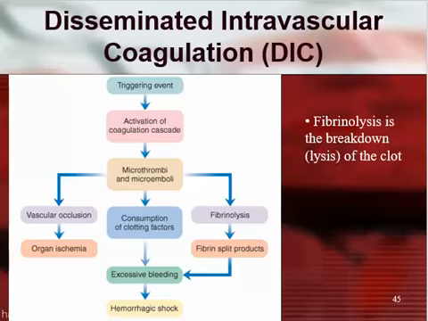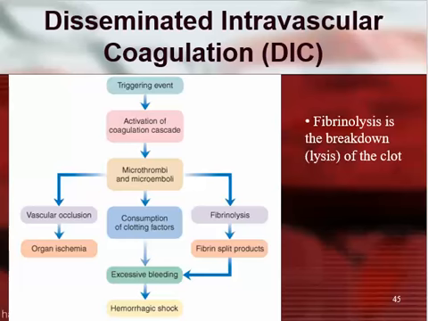It all starts with some sort of triggering event, something that causes inflammation of the walls of the blood vessels. So this could be a septicemia, like an infection that becomes bloodborne. Snake bite is a common thing. Cancer, things like that.